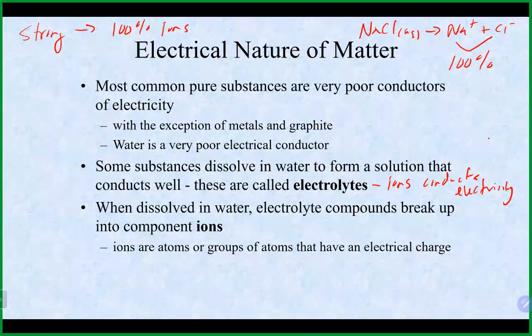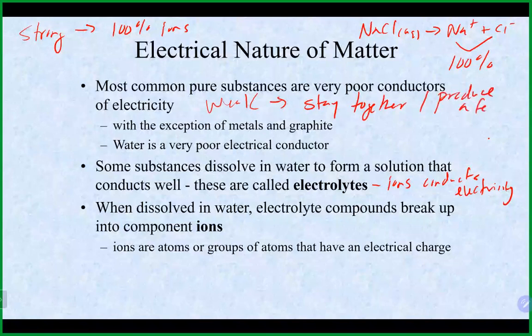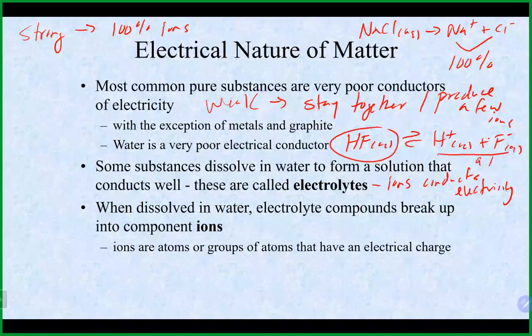There are also weak electrolytes, which basically stay together, but do produce a few ions, like hydrofluoric acid. When you have hydrofluoric acid in a solution, it mainly will stay together as the HF unit, but it will produce a little of the actual ions.